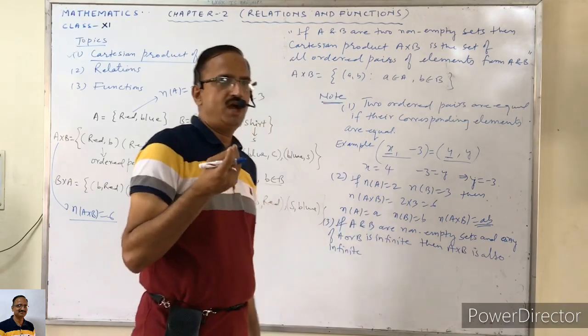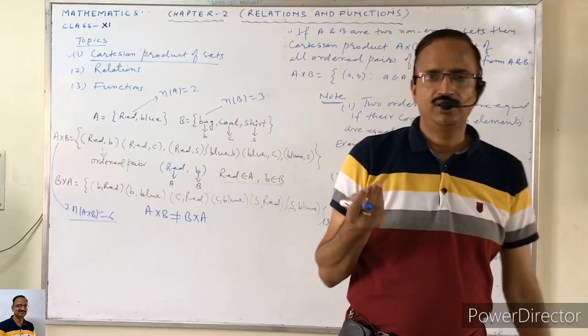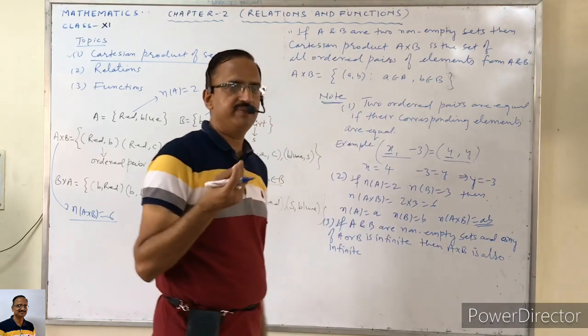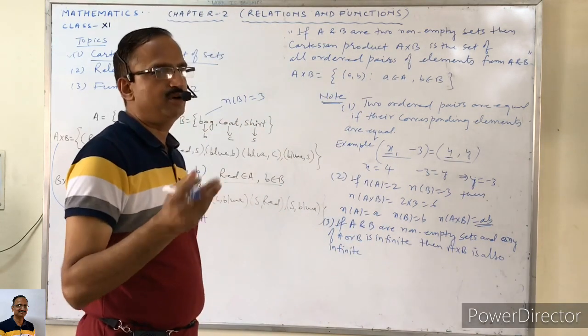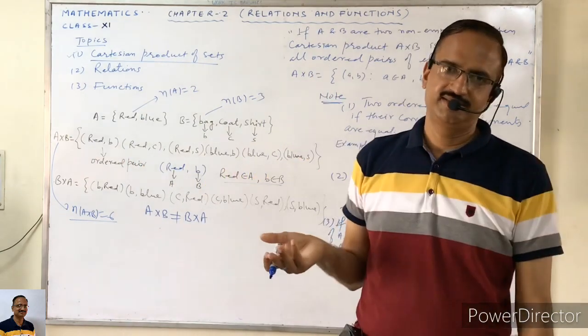Because out of two sets, one is infinite, or you can say one has an infinite number of elements. So when we make combinations, then the combinations are also infinite.